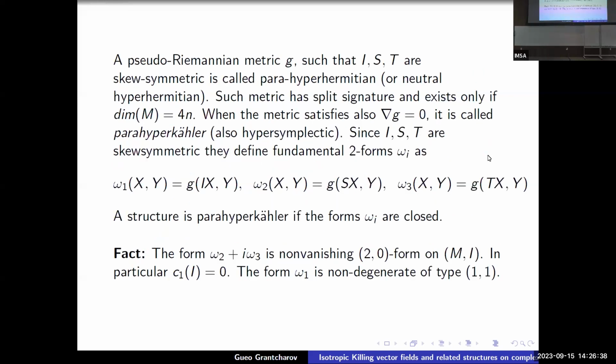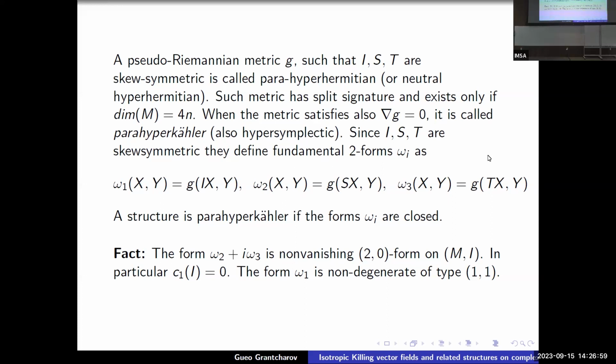Now, I'm talking about the indefinite case now. If we have a metric for which these are skew symmetric, this is called para-hyperhermitian or neutral hyperhermitian.